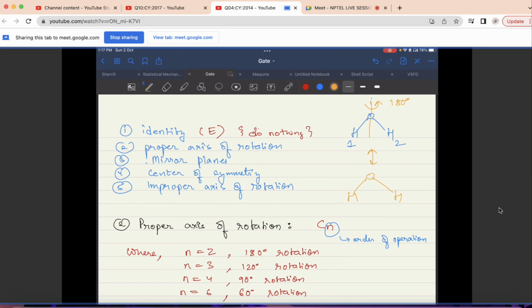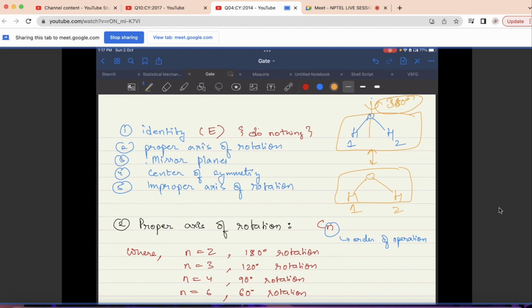But if I am doing 360 degrees, then this will again be 1 and 2, correct? Because if I am doing 180, then this will be 2 and this will be 1. So after the full rotation, it is the same as the first configuration. We have done only a full rotation, not even a flip.